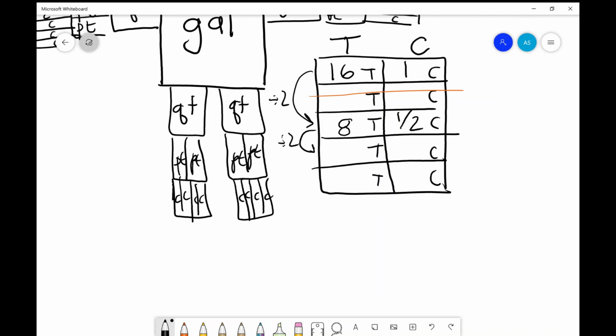Divide it by 2 again. That's 4, and then we're going to divide this by 2, and that's 1/4. And then over here we're going to divide this by 2 again, and this gives us, so 4 divided by 2 is 2, 1/4 divided by 2 is 1/8, and we put that in there.